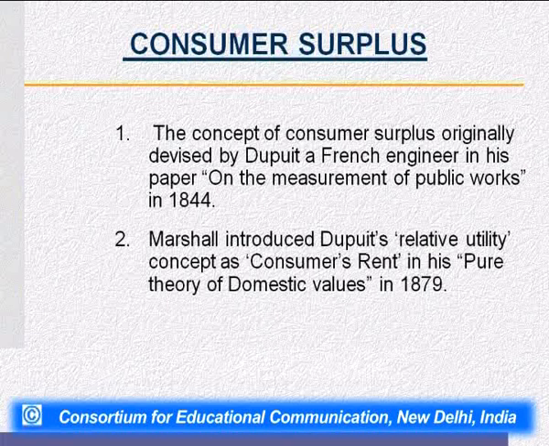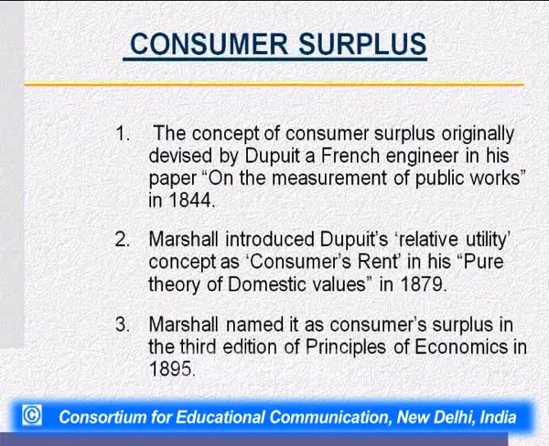We can see that whatever we are going to purchase, whatever we are going to pay for a particular commodity, an estimated price by us, and what we actually paid, there is a little bit of difference, and this difference is called consumer surplus. Marshall named it consumer surplus in the 3rd edition of Principles of Economics in 1895.